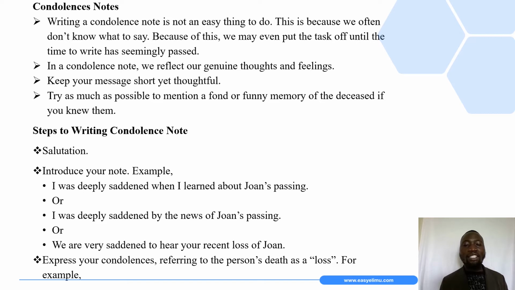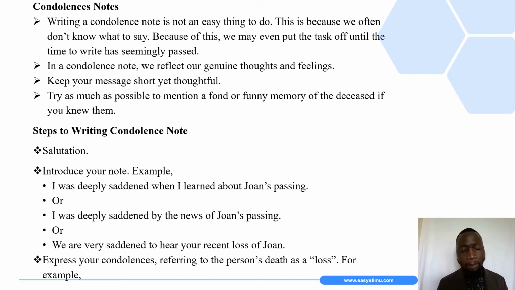You can as well mention a funny memory of the deceased if you interacted with them when they were still alive. And another thing that is important to know is that condolence notes or messages are supposed to be short yet thoughtful.